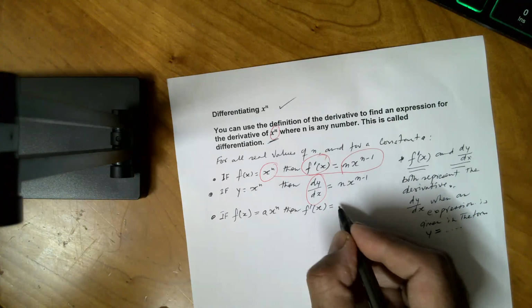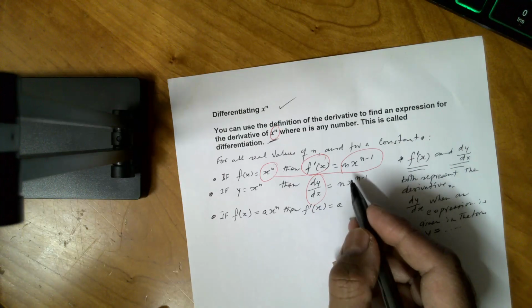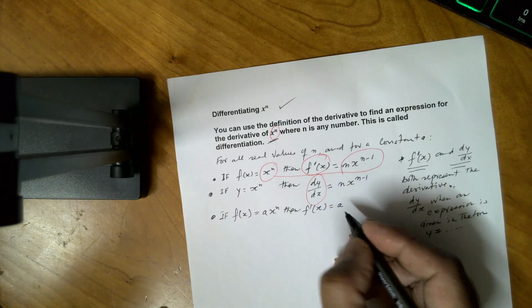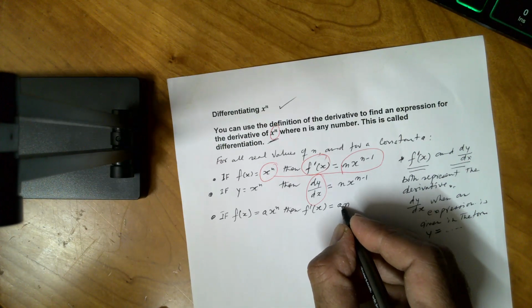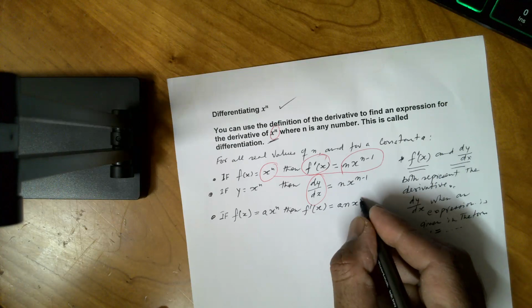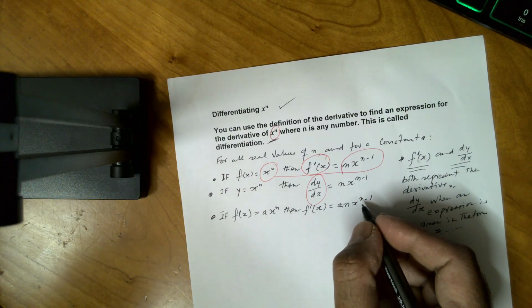The first derivative will be, a is already here, and it's exactly the same. You bring down the value of n, multiplied in between: a n x to the power n minus 1.